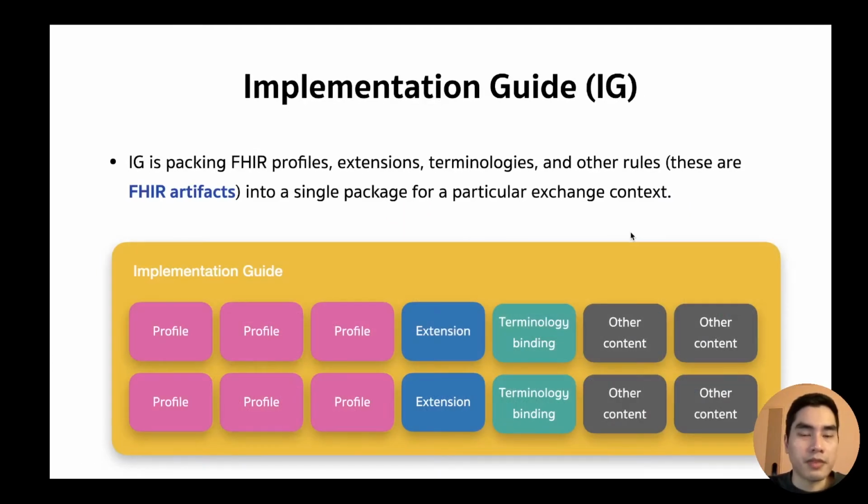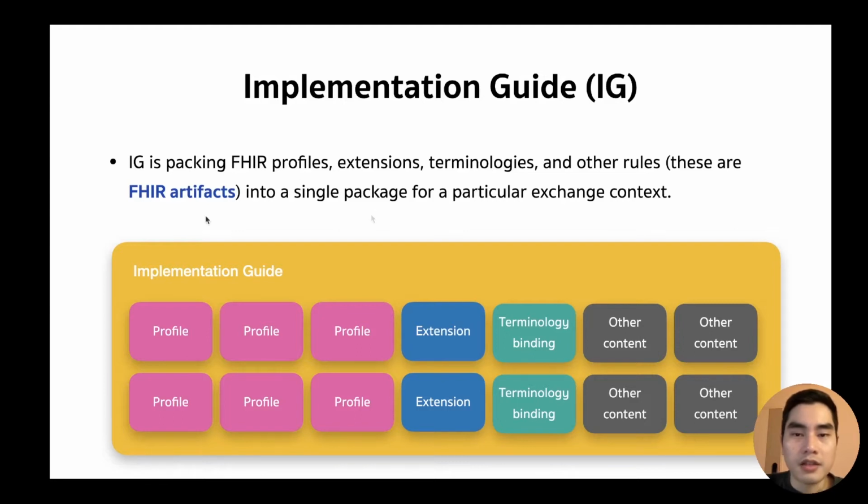Just a bit of recap: in a real implementation, you usually do not use only a few profiles, but you will use quite a lot of profiles. And you might need other things as well. That is not just profiles, you need extensions, terminology, and other things. All of this, we can call FHIR artifacts.